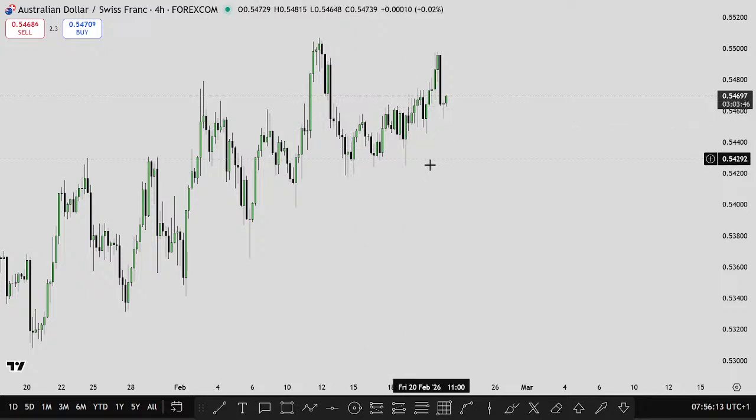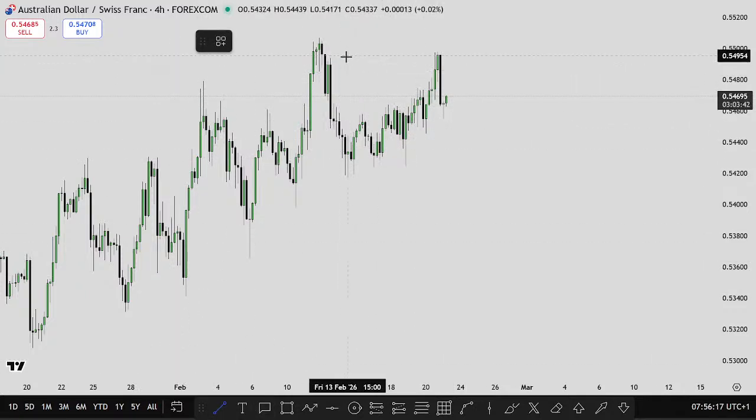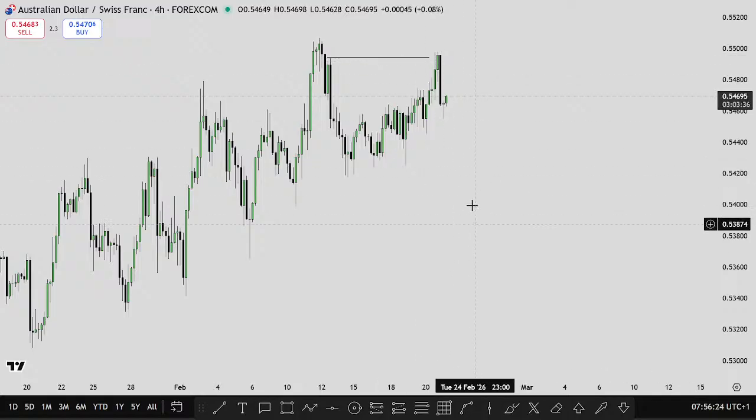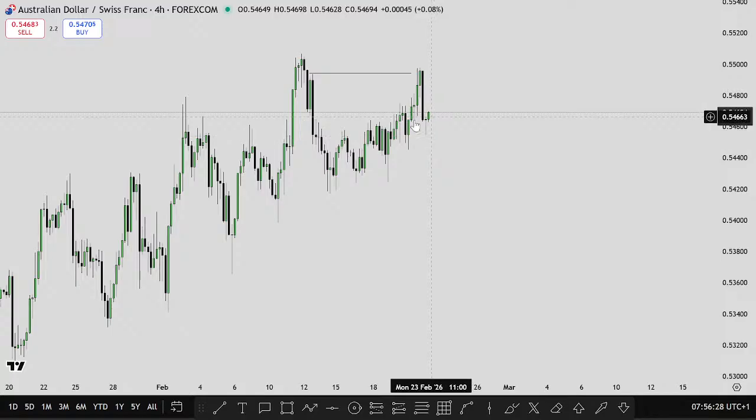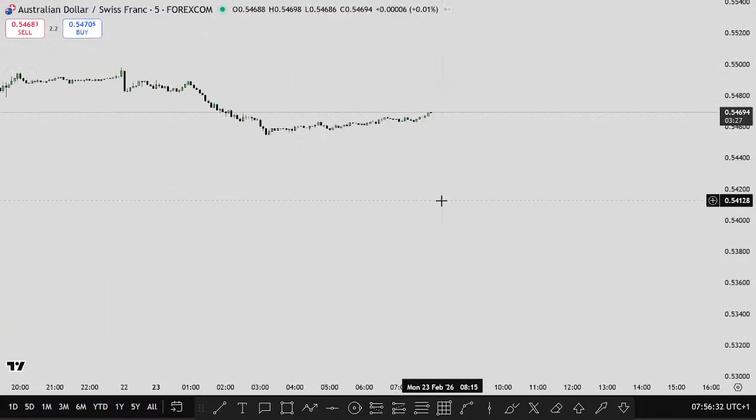AUDCHF. So it's the same thing. I had a sell bias on this one. The stop loss was just above this 4-hour OB, so this one hit stop loss, so it took me out basically. If I'm going to use it as a flip zone, I'll say this is where price is going to buy from. Let's see if there's a confirmation first.